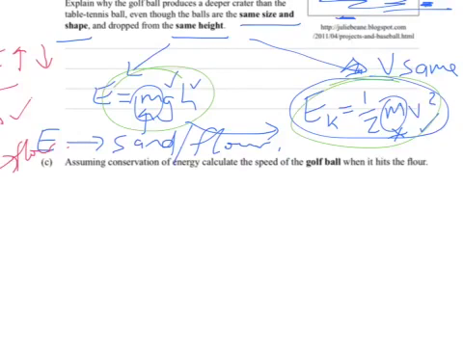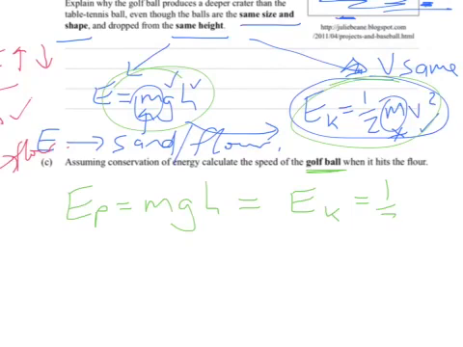Because if you're looking at the speed of the golf ball when it hits the flour, you've got enough information to calculate the gravitational potential energy, mgh, for the golf ball. We've got the mass of the golf ball, we've got gravity, and we've got the height is 2 meters. And all of that energy is converted to kinetic energy just before or as it hits the flour, which is half mv squared.